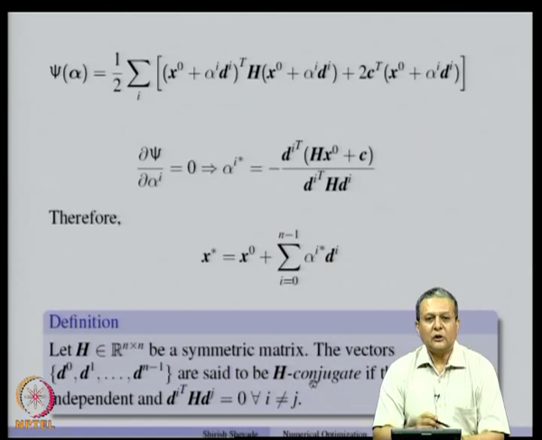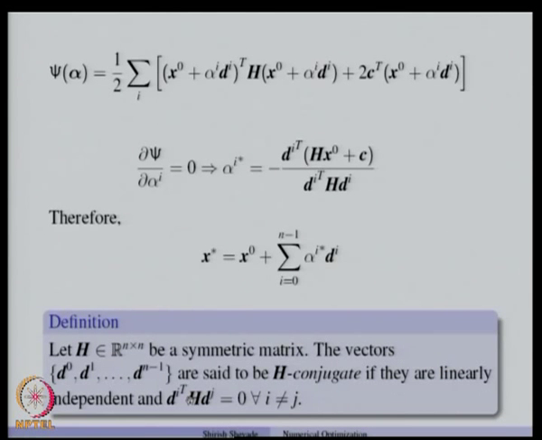So, what are these H conjugate vectors? These are the vectors which are linearly independent and satisfy the property that d i transpose H d j is equal to 0 for all i not equal to j. If H is the identity matrix, what we get are orthogonal vectors. So, when H is identity and d0 to dn minus 1 are linearly independent, then d i transpose d j is equal to 0 for all i not equal to j.